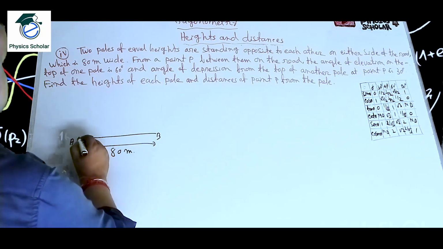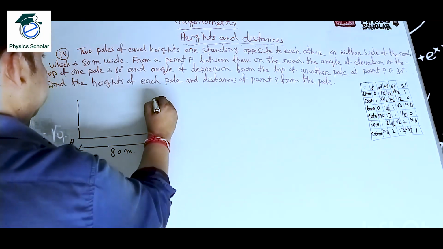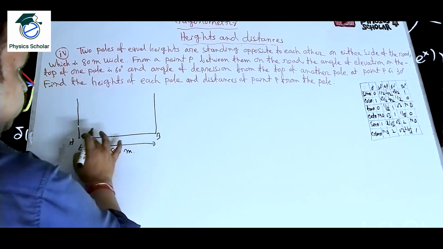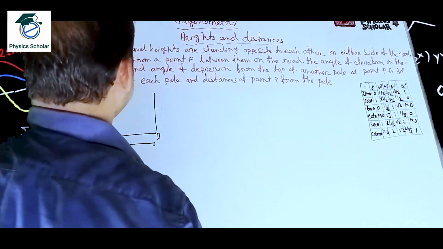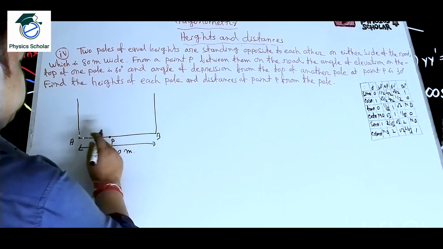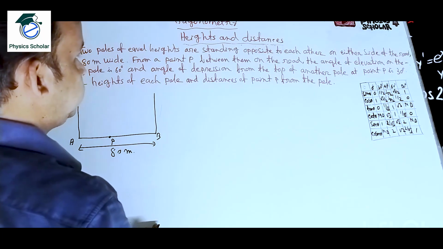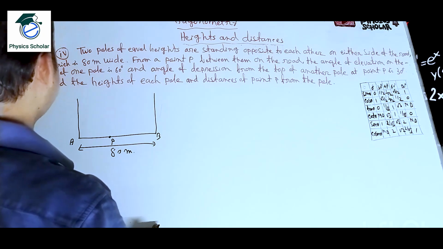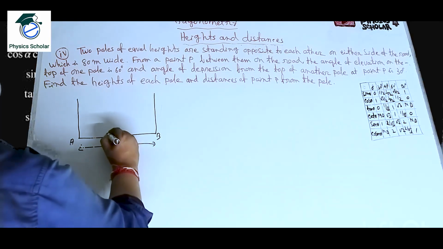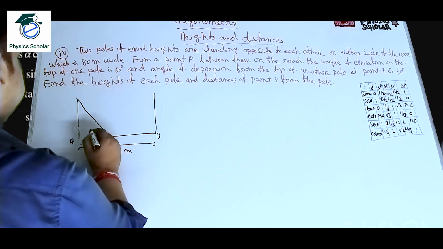Now two poles of the same height are there on either side of the road. Now from a point P, suppose this is a point P, in between the two poles on the road, the angle of elevation of the top of one pole, suppose this is the one pole, is 60 degree.